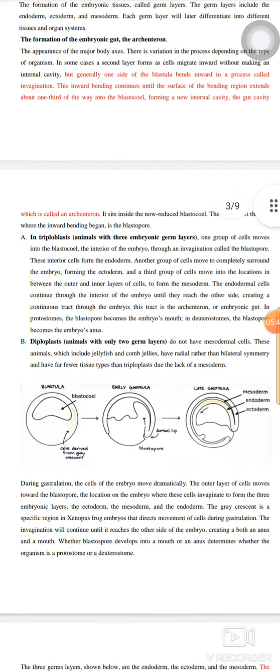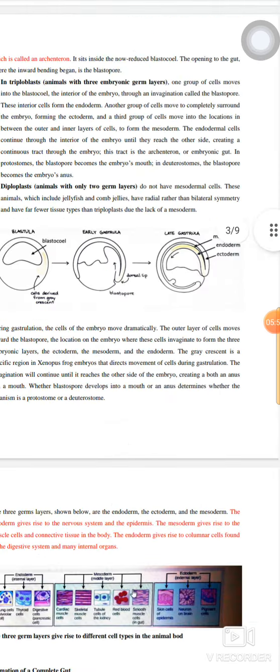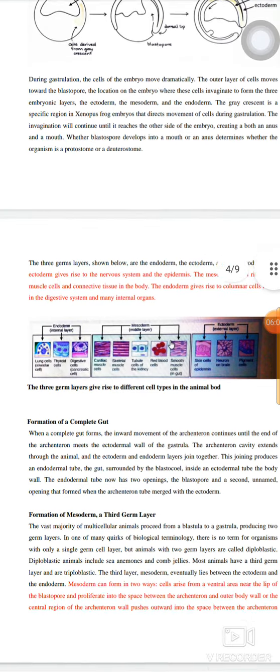So it differs in the way it happens in diploblastic and in triploblastic animals. So you read it up and see how each of them differs. Okay, study the diagram.